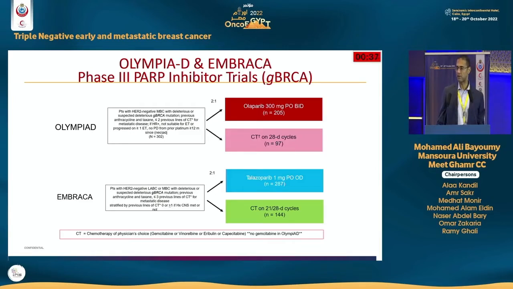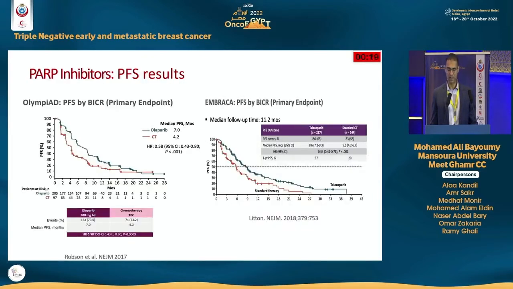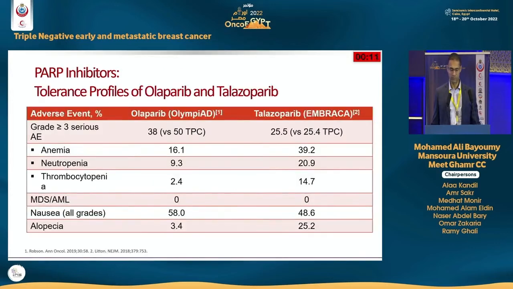Is there a role of PARP inhibitors in the management of metastatic triple negative? Yes, the OlympiAD study and the EMBRACA study confirm this data. In case of germline BRCA mutation, patients were randomized to receive one of the PARP inhibitors versus chemotherapy. Still, you can find here a significant improvement in progression-free survival favoring the PARP inhibitor for this group of patients.